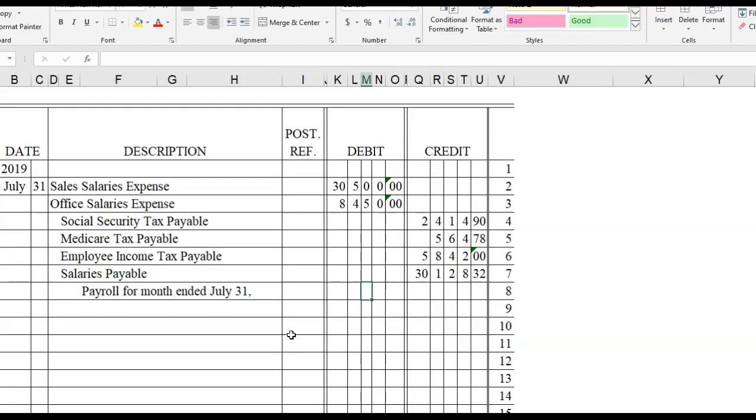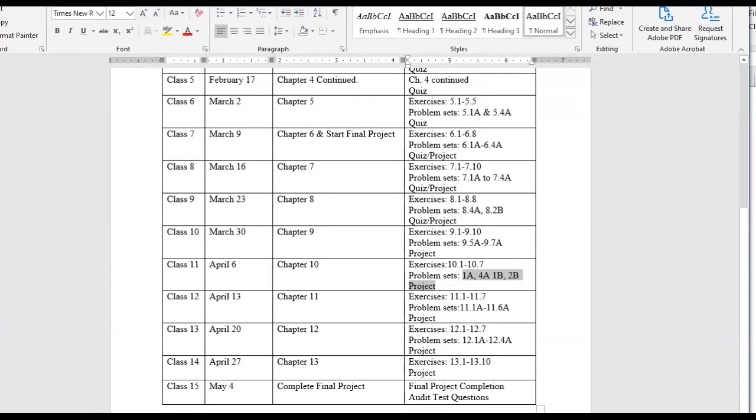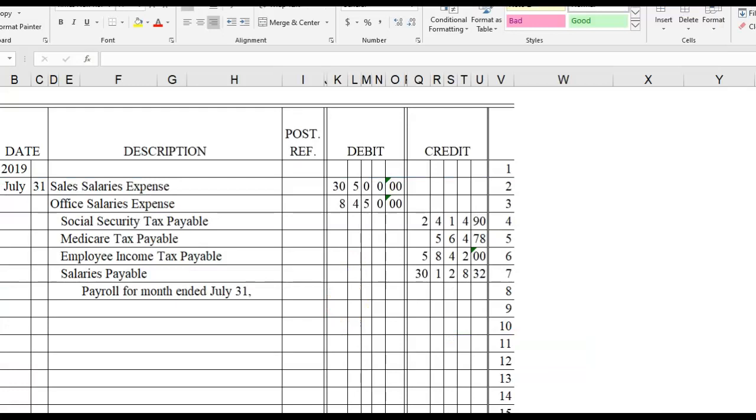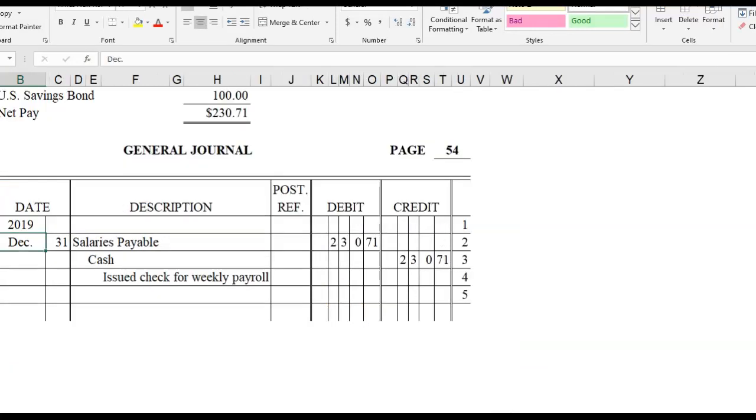That's the last of the exercises. Gave you some short problems. I believe, let me just check which ones they were. 1A, 4A, 1B, 2B. 1A, that would be this one. Short problem.